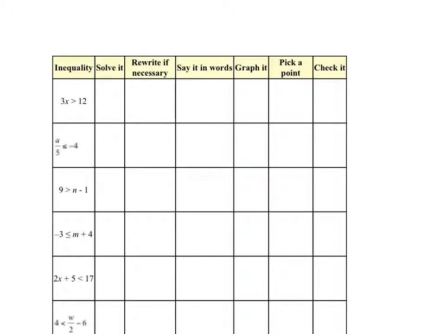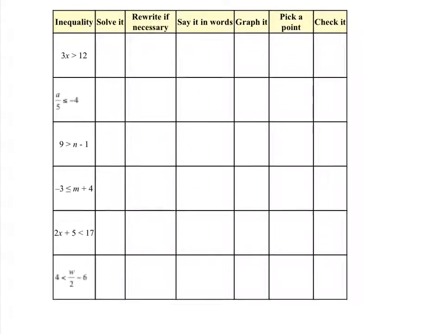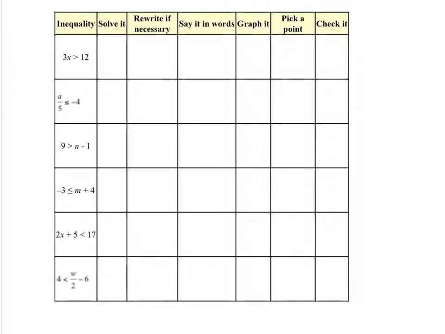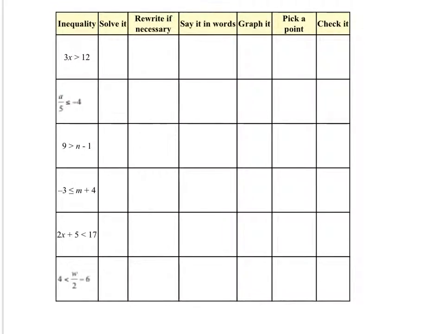Okay, so this part of the worksheet is a little more complicated than the first table because they didn't just give you a variable equals. So it says 3x greater than 12, so they want you to solve it.